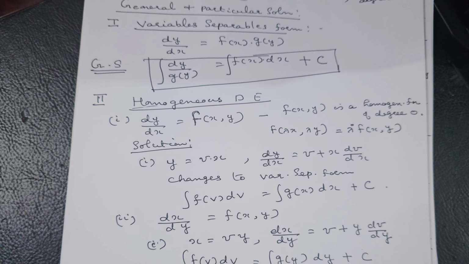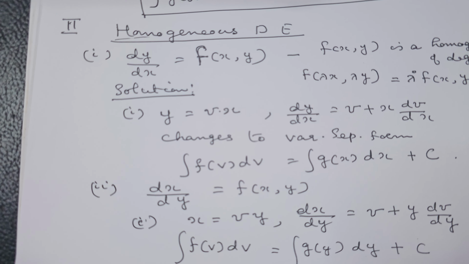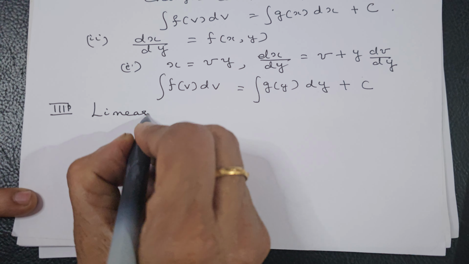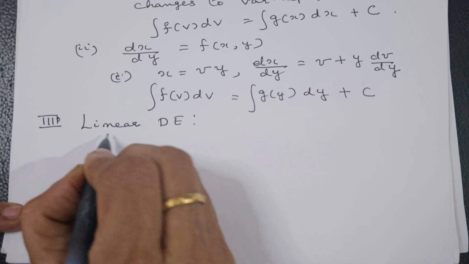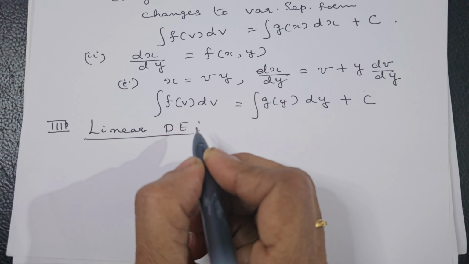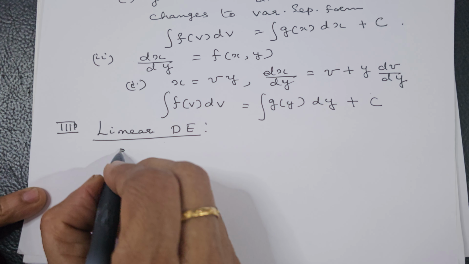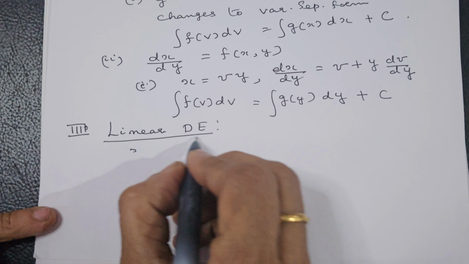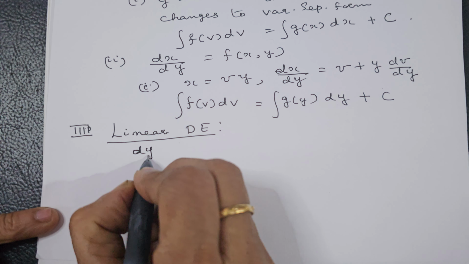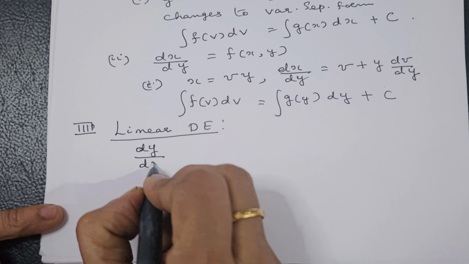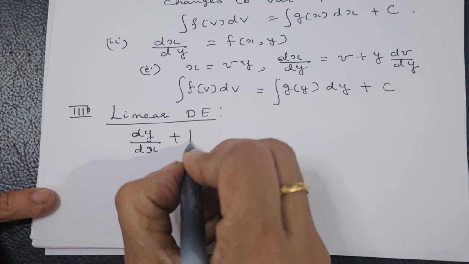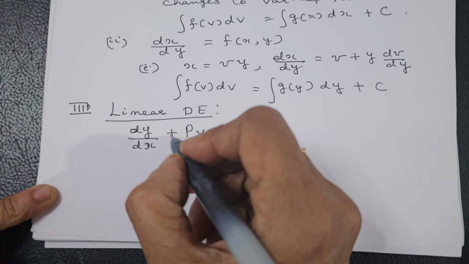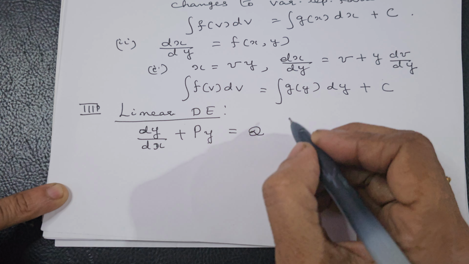And finally, we have the third type, that is called the linear differential equation. What is a linear differential equation? There is a particular format: y and dy by dx occur in linear form, and they are never multiplied together. dy by dx plus py is equal to q, where there is a dy by dx term and a y term.